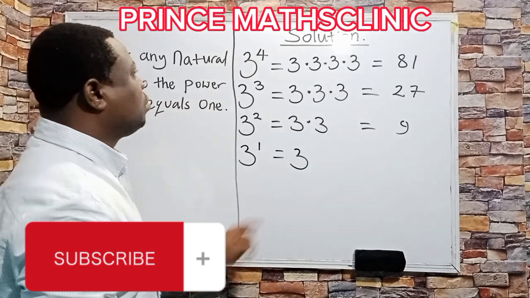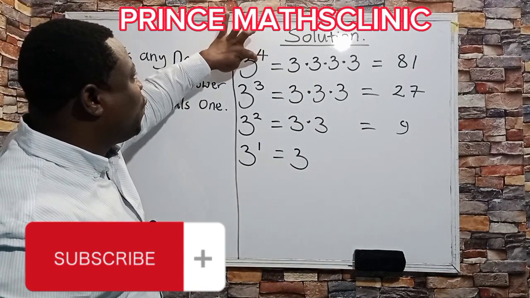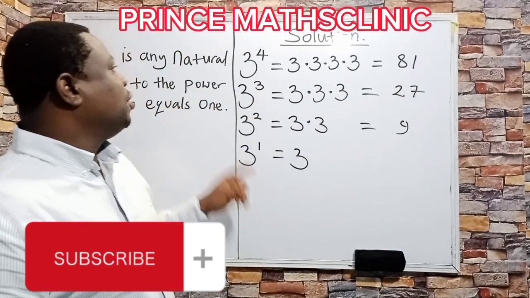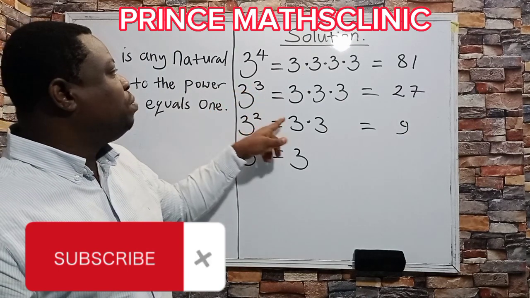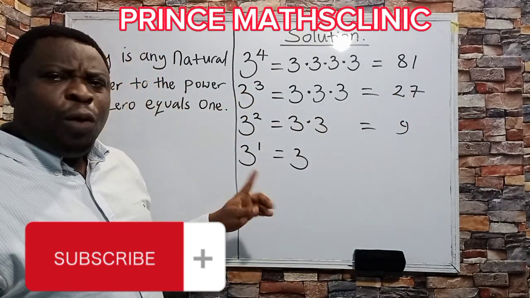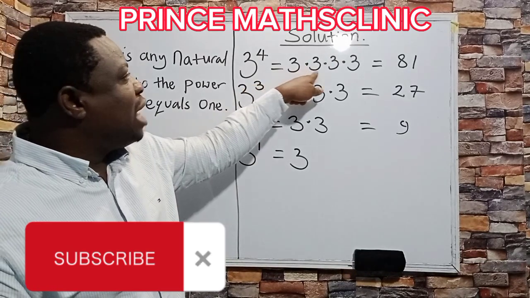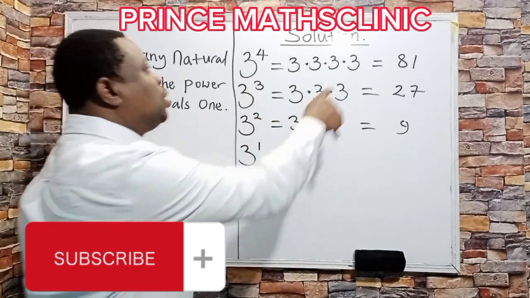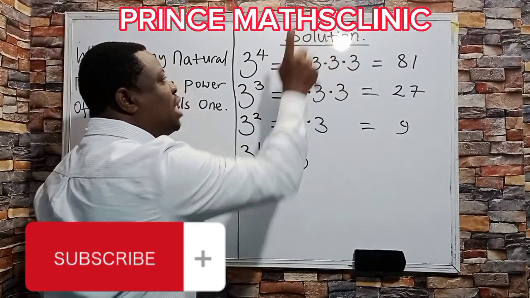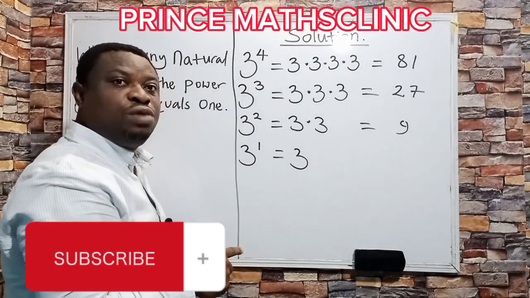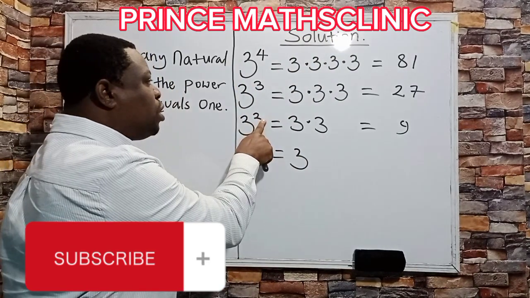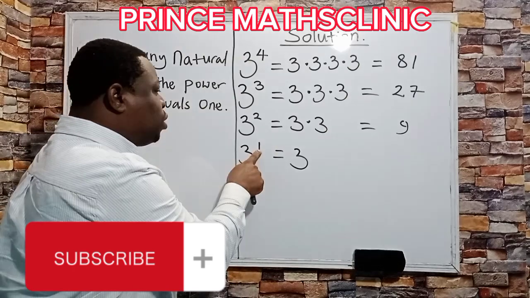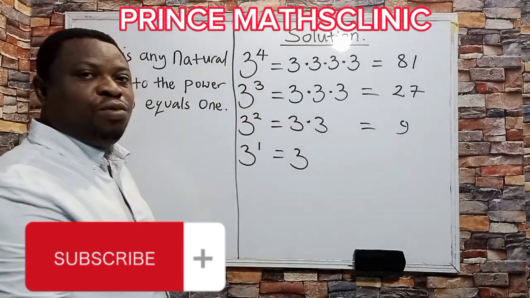One observation: when we have 3 to the power of 4, we obtain 81. When we have 3 to the power of 3, we obtain 27. The result reduced by one 3; one 3 was deleted. Also, for 3 to the power of 2, one of the 3s was deleted, and for 3 to the power of 1, one of the 3s was deleted.